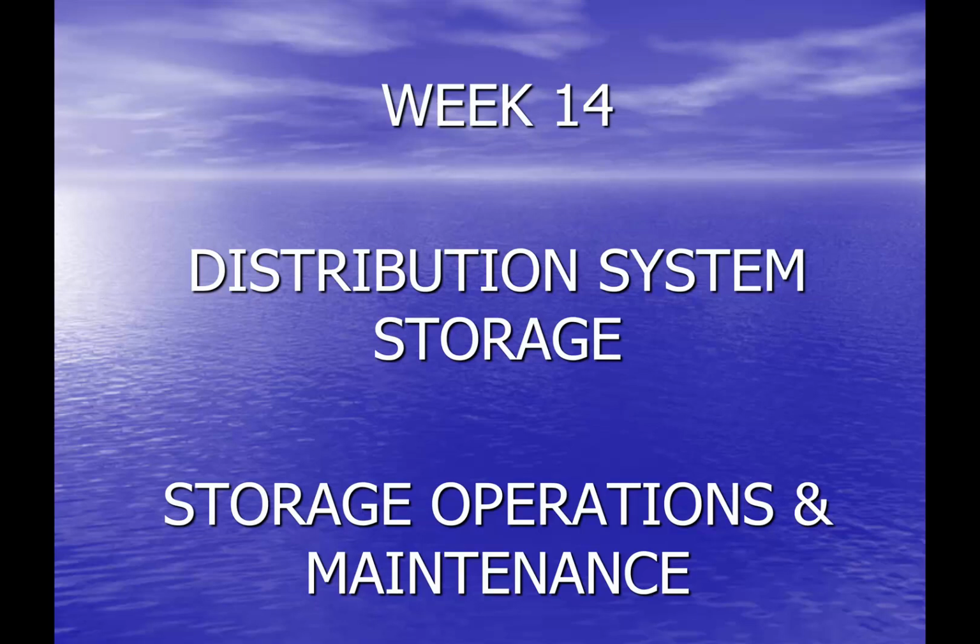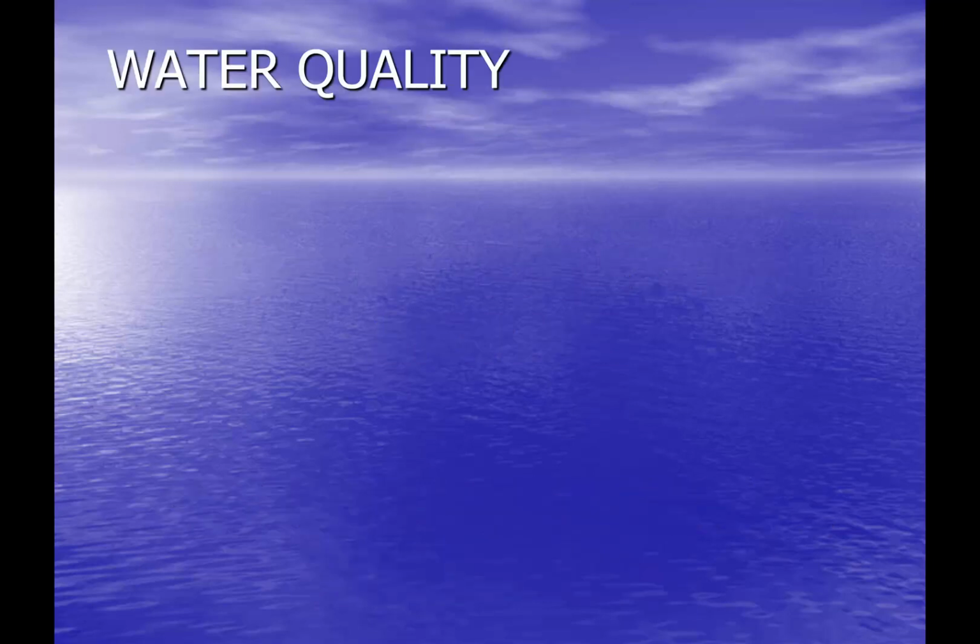The final piece of our discussion about distribution system storage will focus on O&M practices relative to storage and storage facilities. We'll start by looking at the impacts that storage can have on water quality. If you recall from our discussions about water quality way back at the beginning of the semester, one of the things that drives the degradation of water quality in a distribution system is water age.